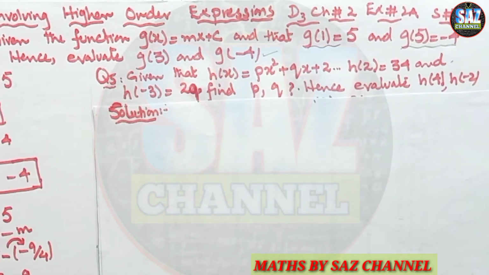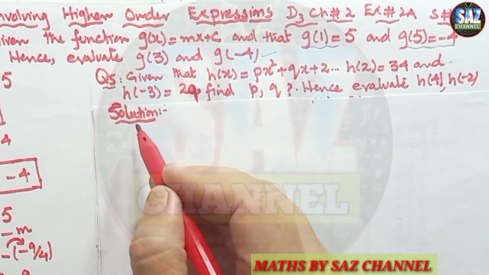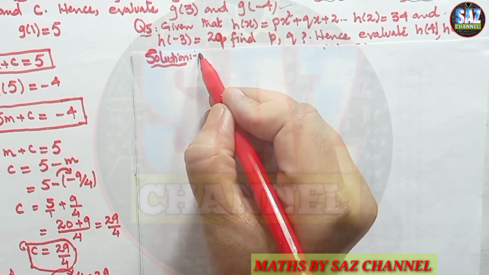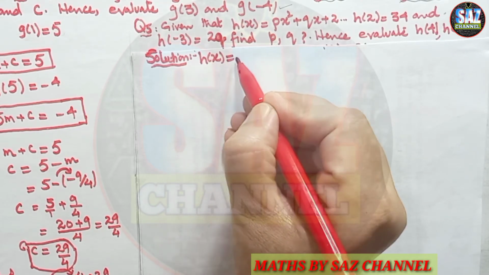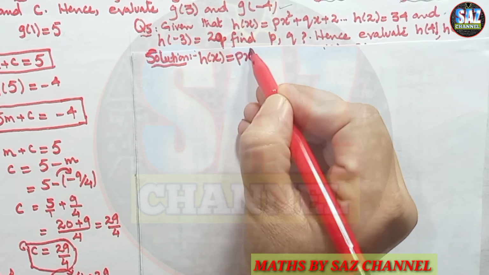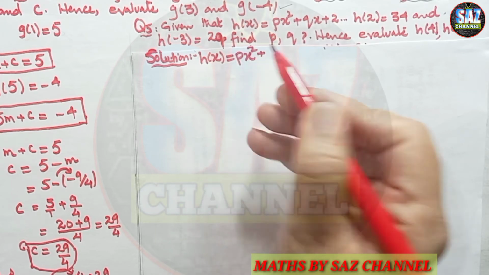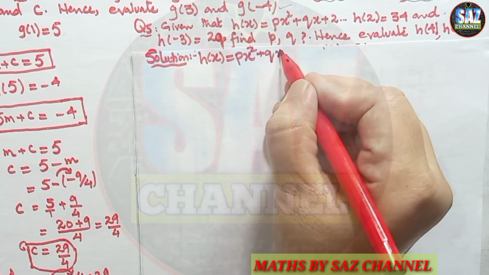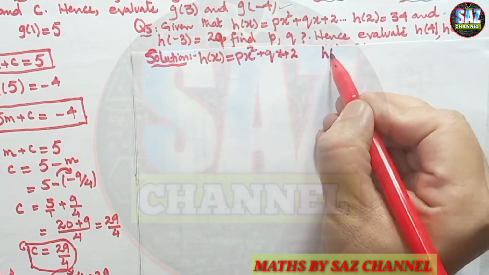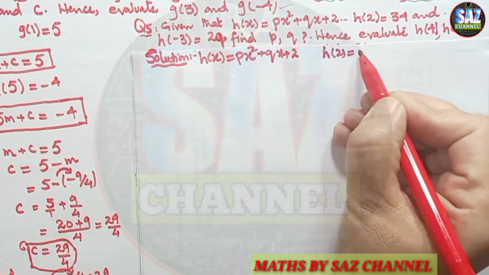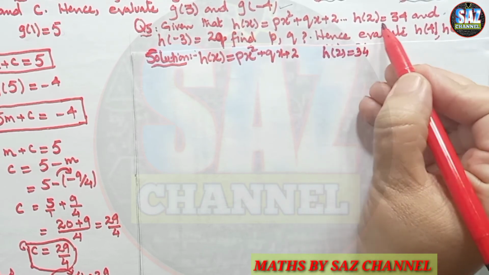Let's move to the solution of the question. Let's take the function first, and the given function is h of x equals px square plus qx plus 2, and the first condition is h of 2 equals 34. This is the first condition.